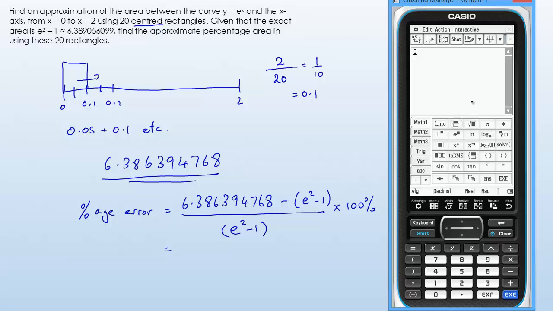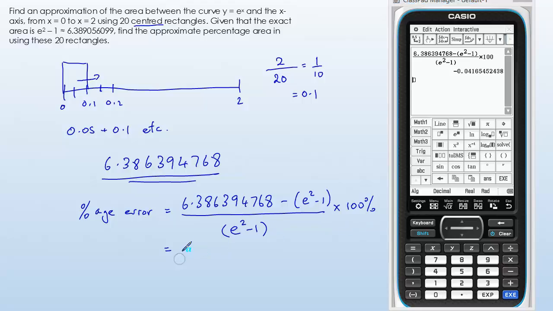And then we have 6.386394768, take away e squared minus 1, all over e squared minus 1, and we'll just multiply that by 100, and it gives us negative 0.042% if we give it to 3 decimal places.